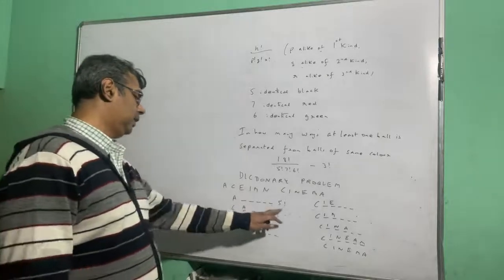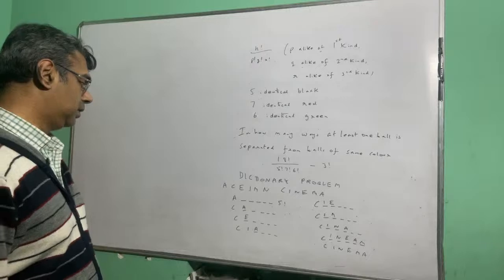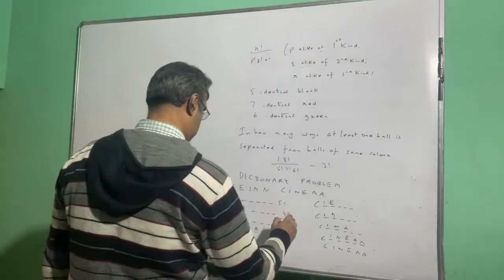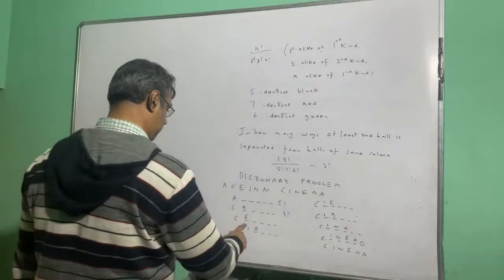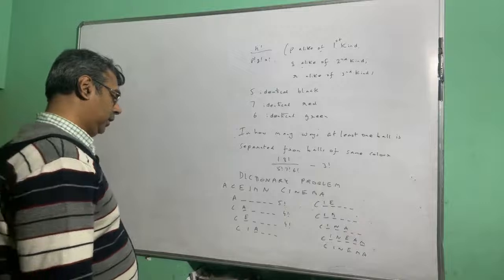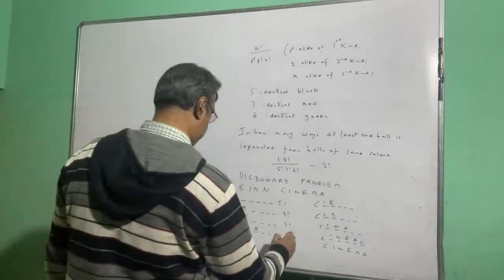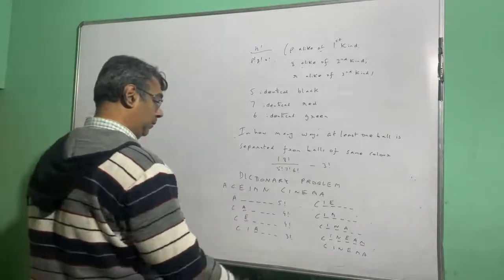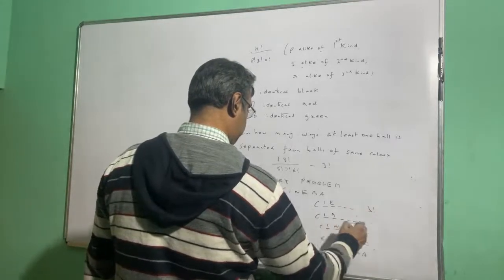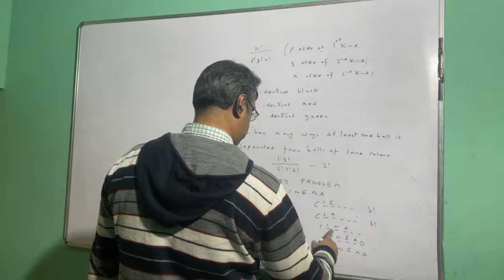So if it starts with A, there are 5 factorial ways. If it is CA, then 4 factorial ways. CE, 4 factorial ways. Then CIA, 3 factorial. Then CIE, 3 factorial. CIM, 3 factorial.